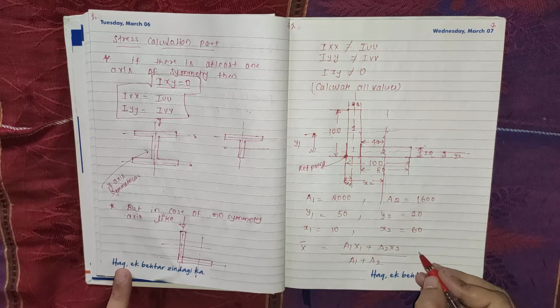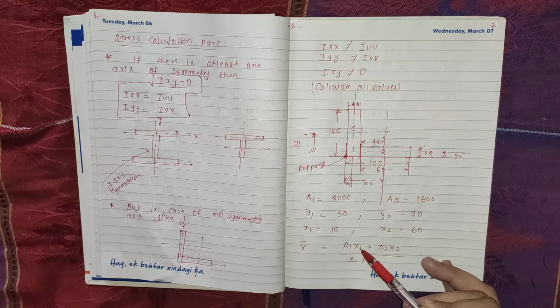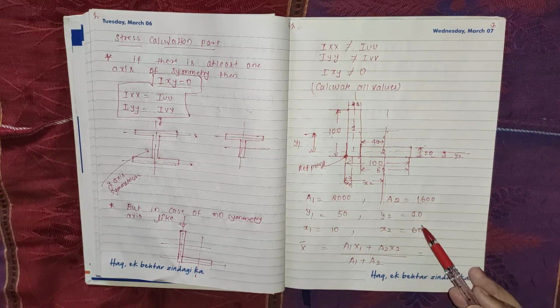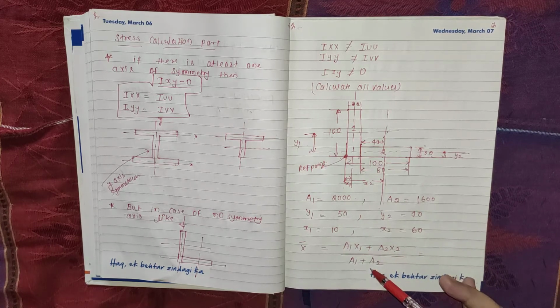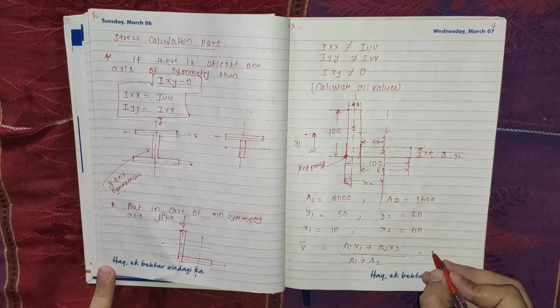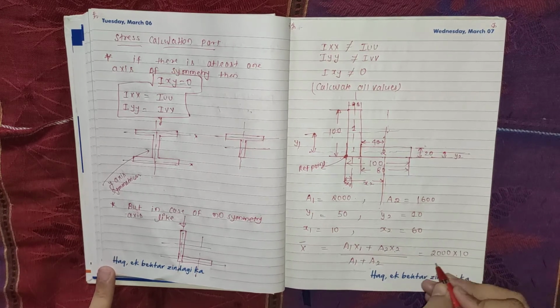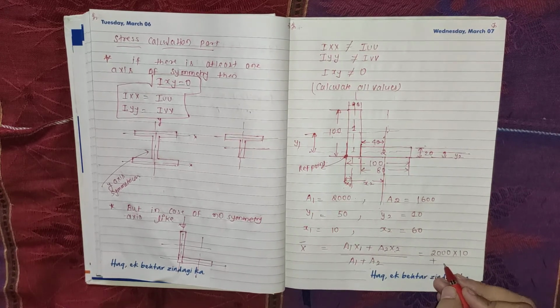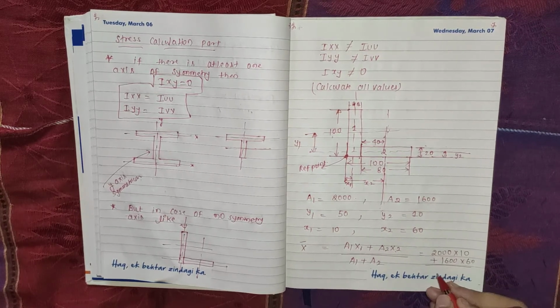Put in the values: area 1 is 2000, x1 is 10, area 2 is 1600, x2 is 60, divided by area 1 plus area 2, which is 2000 plus 1600.